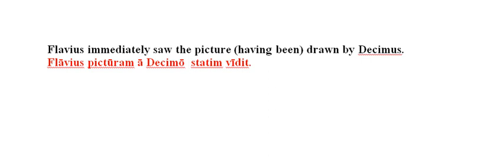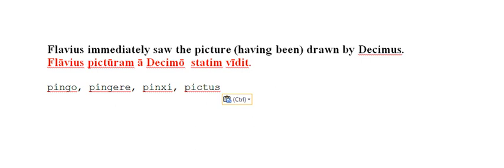A decimo, and to draw is pingo, pingere, and the last principal part is pictus. You need the fourth principal part. Hold on, let me write that for you. Here are the principal parts of to draw. Pingo, which our book never taught us. Pingo, pingere, pinxi, pictus.